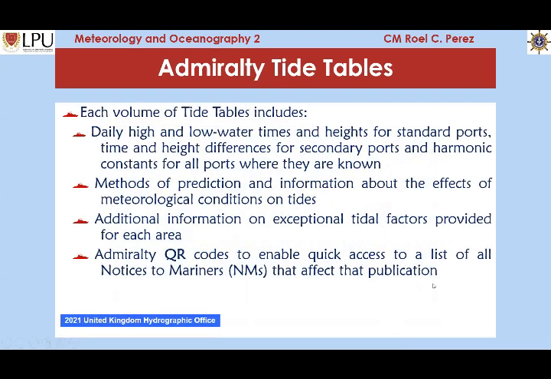Okay, so each volume of the tide tables includes daily high and low water times and heights for standard ports, time and height differences for secondary ports, and harmonic constants for all ports where they are known. So harmonic constants are used for the so-called simplified harmonic method of tidal prediction.